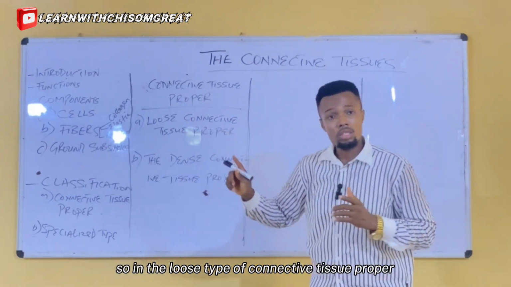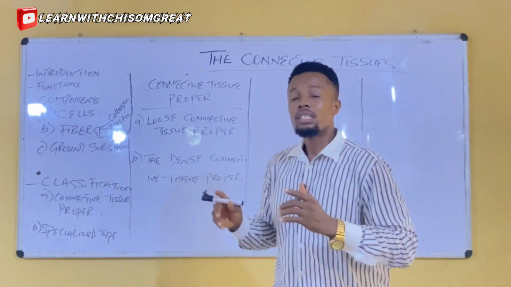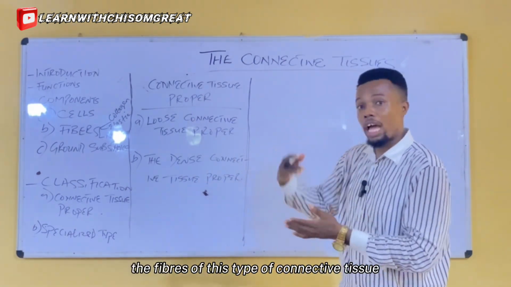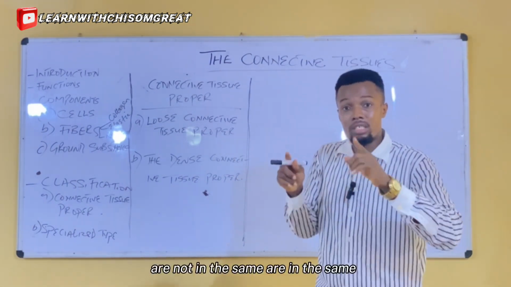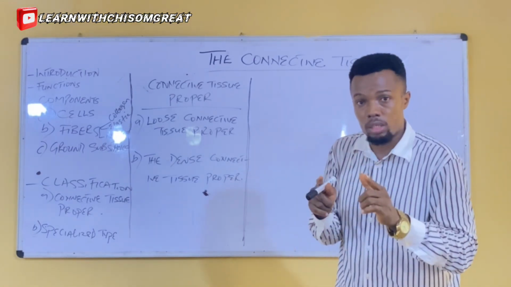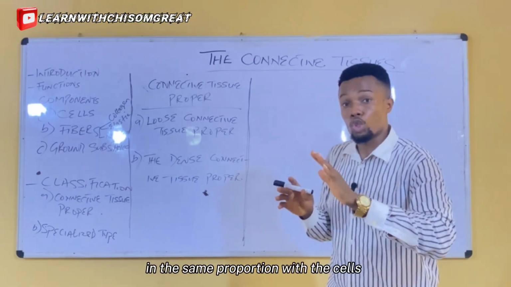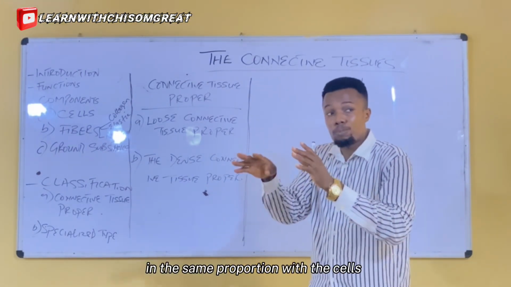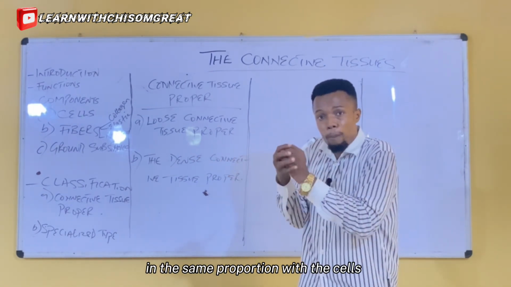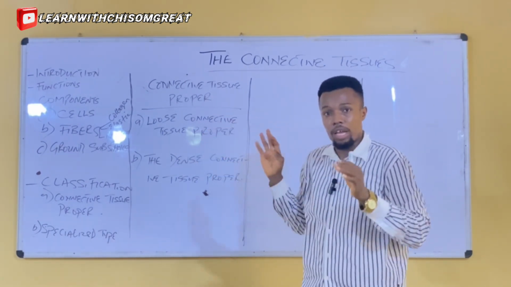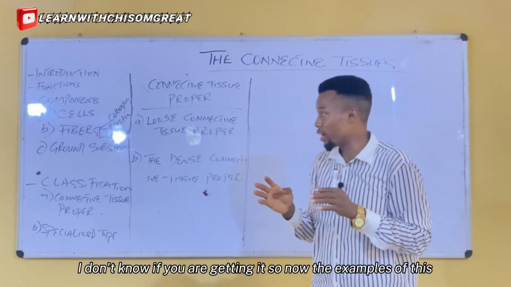So in the loose type of connective tissue proper, the fibers are not in the same proportion with the cells. The fibers are sparsely distributed. They are not compact. They are loosely distributed. I don't know if you are getting it.